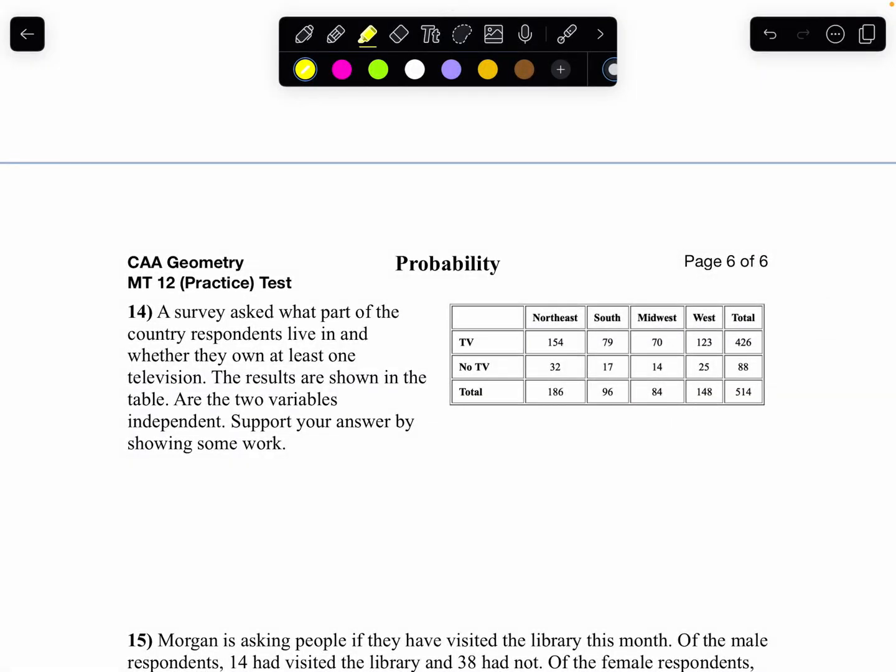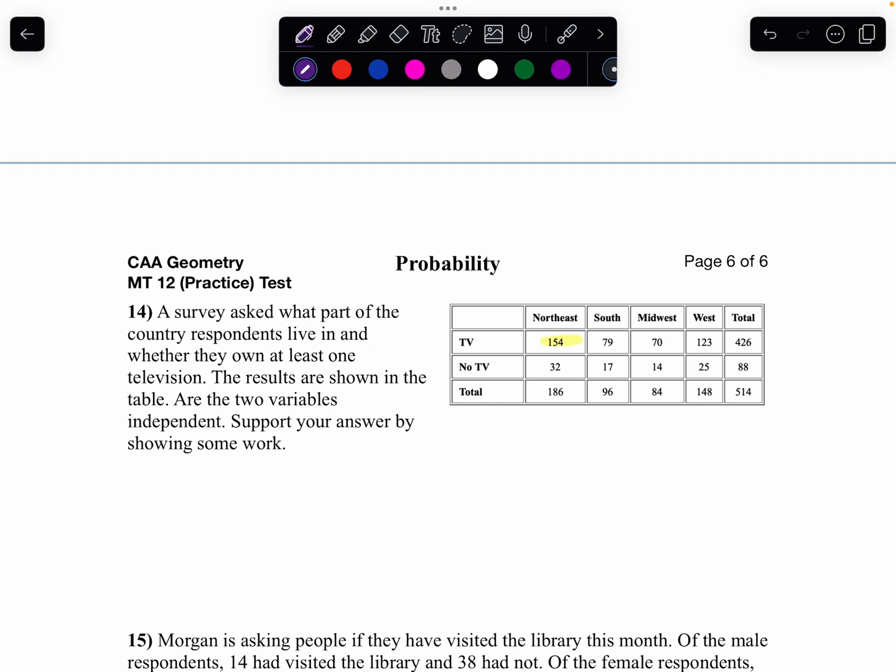Finally, on the last page, we have this survey, and I want to know, are my variables independent? In other words, I'll pick a random cell, and I like TV. So let's do TV.